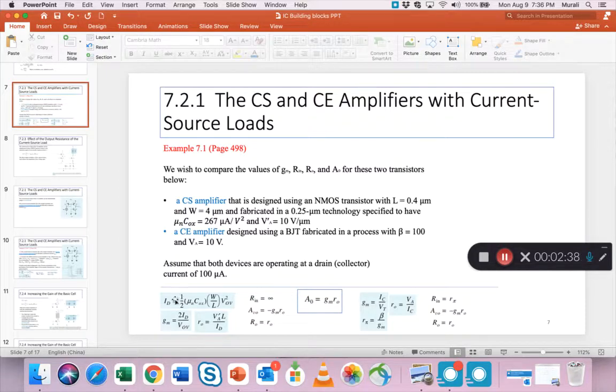So these are the formulas used to go through and find various things. ID is given for both, 100 microamps, the bias current, and here it's IC used in the formula. So go ahead, look through it. There's not much more I can tell you.